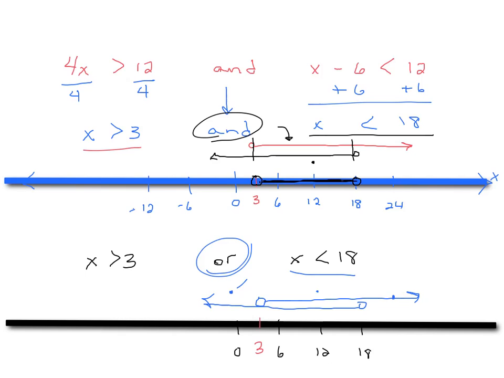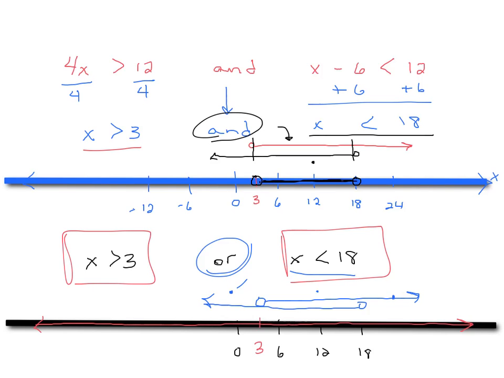Sure, it is also one or the other. It doesn't have to be exclusive, but it does work. So in this particular case, the solution would be all numbers, because all the numbers work. So while we have two individual sentences, whether it ends up as an "and" or an "or" matters.